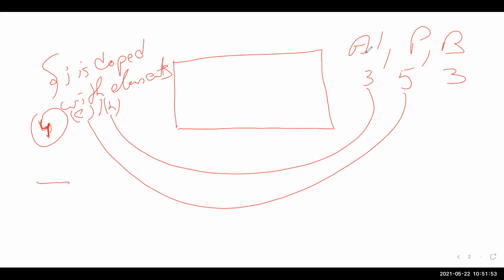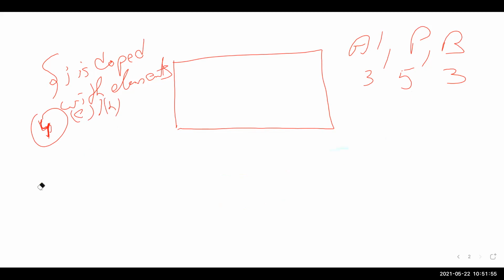If the silicon is doped with, let's talk about phosphorus, what will it provide? As it has 5 in the outer orbit and silicon has 4 and requires 4, one electron is free to move, right?